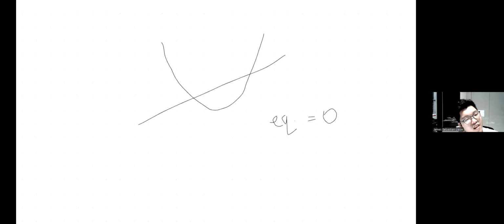Well, what happens if your equation has the property that b squared minus 4ac is 0, where all the equations are of the form ax squared plus bx plus c?